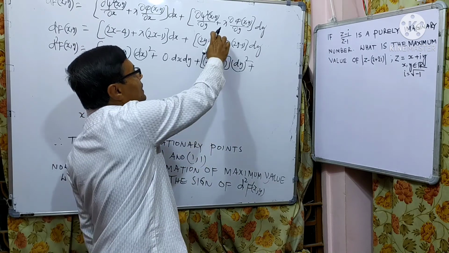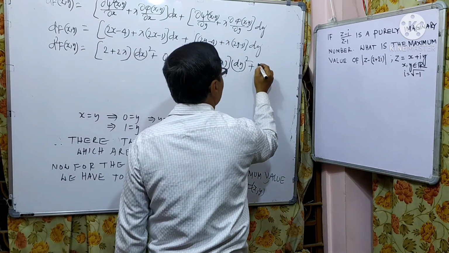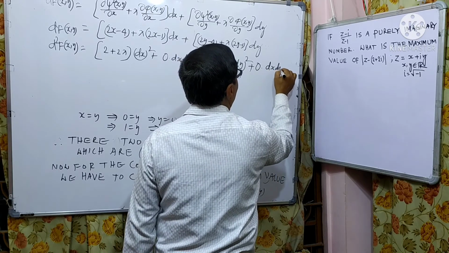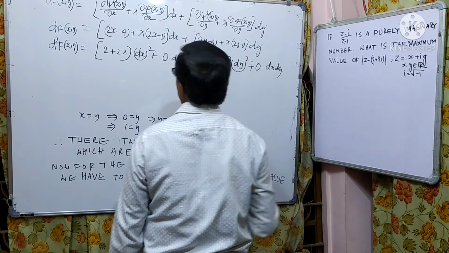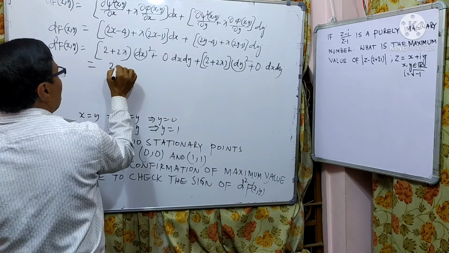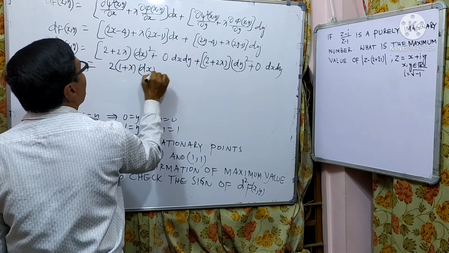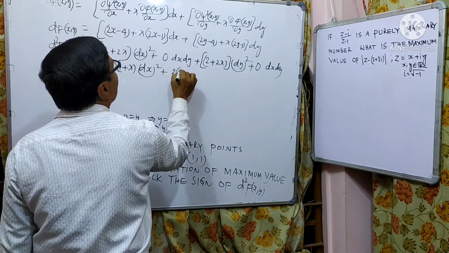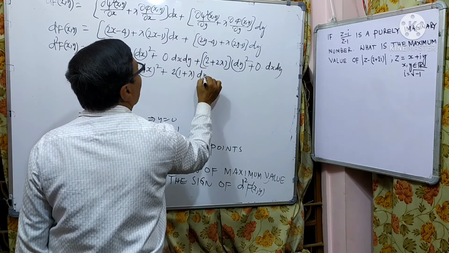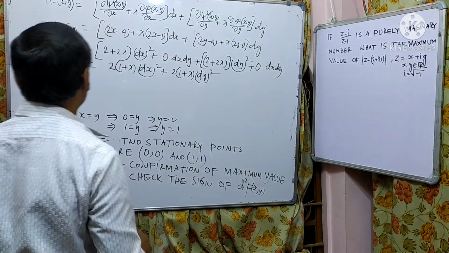So 0 into dx dy. So we have got 2 into 1 plus lambda, dx square, plus 2 into 1 plus lambda, dy square.